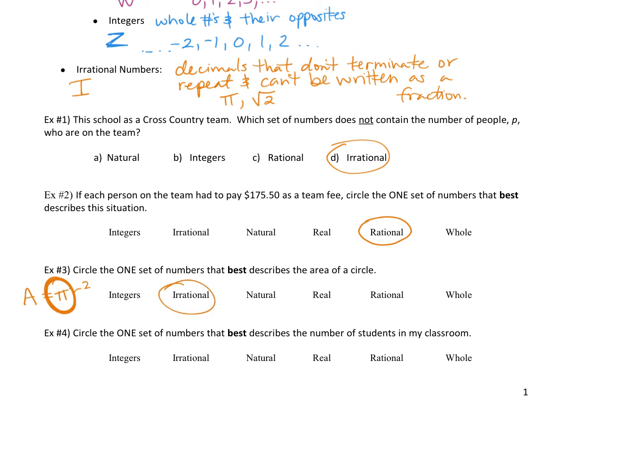Last one, circle the one set of numbers that best describes the number of students in my classroom. Now, you could argue that this could be different options. We'll see what your rationale is for why you pick the one you pick, because I would technically take a couple answers here. Well, no, there is a best answer, but I understand another answer.